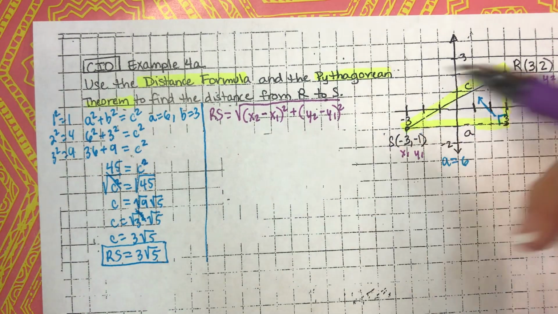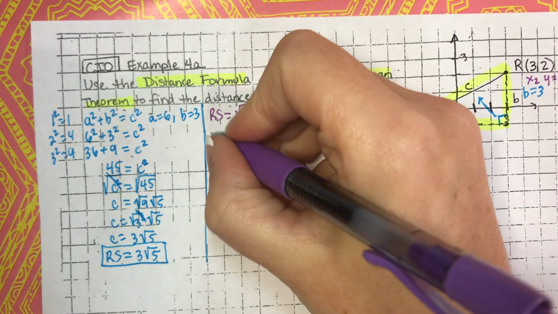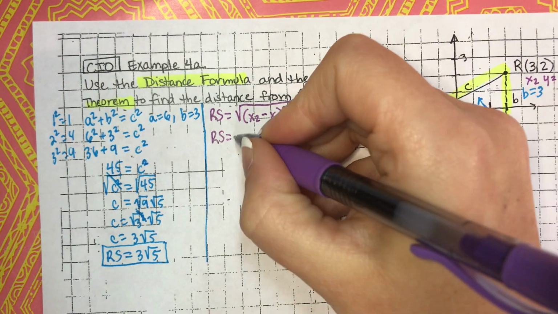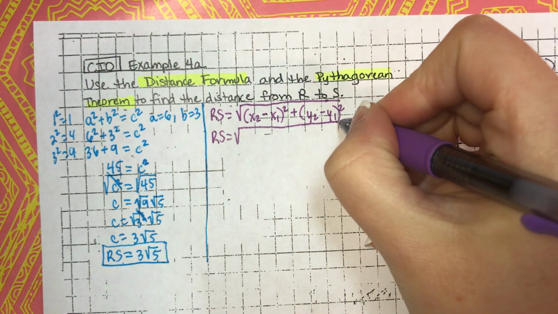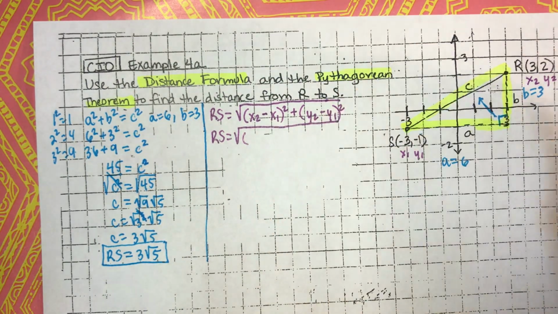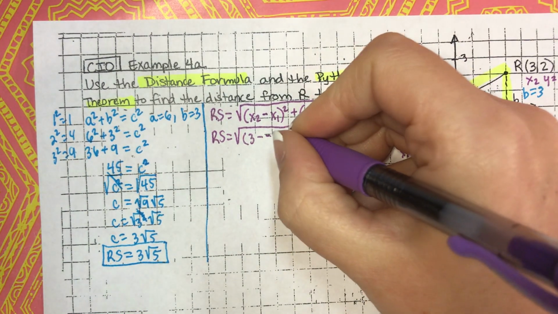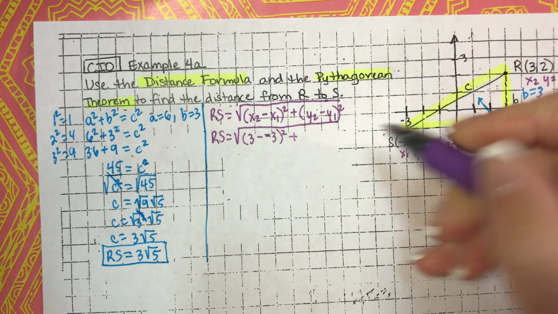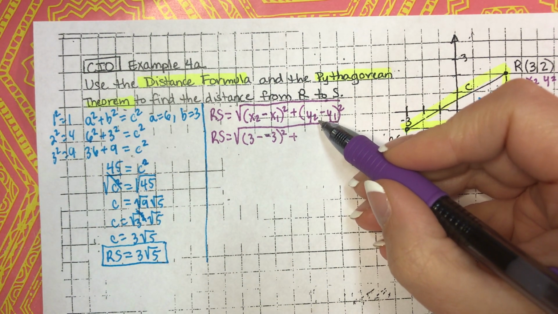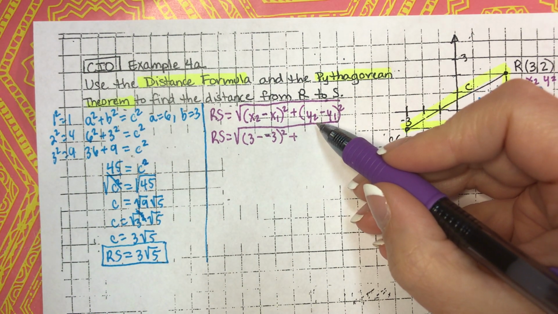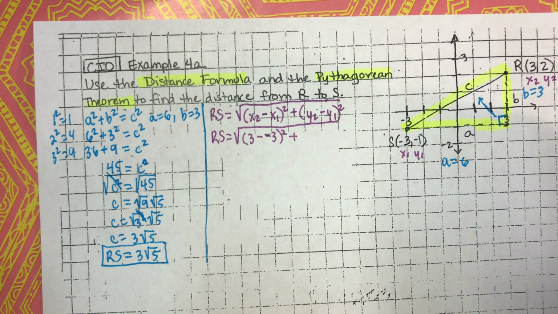Okay, now we're going to substitute those values in. So RS is equal to the square root of x2, parenthesis, what's x2? x2 is 3, minus x1 is negative 3, squared, plus y2, what is y2?